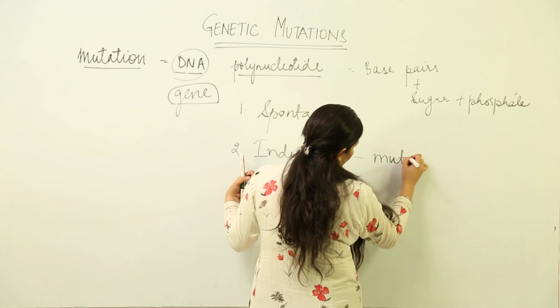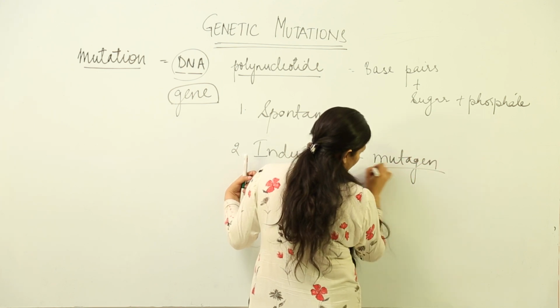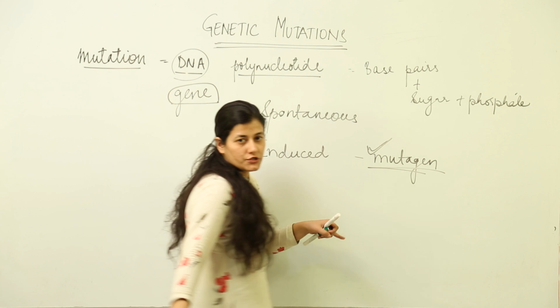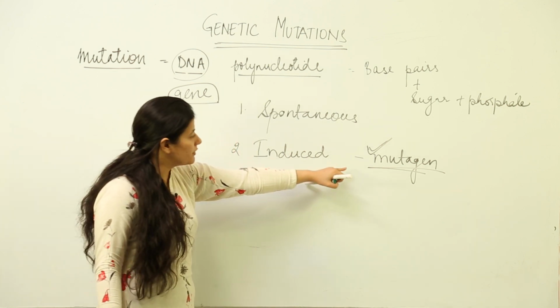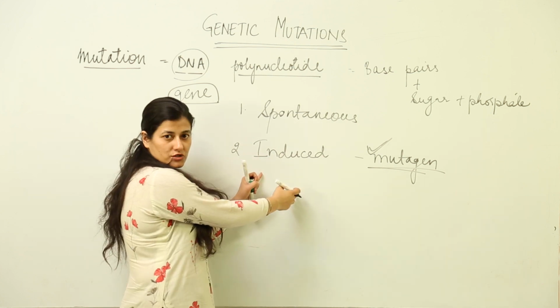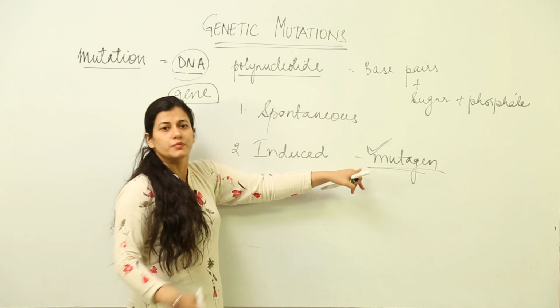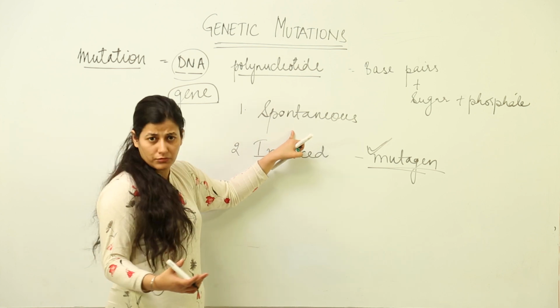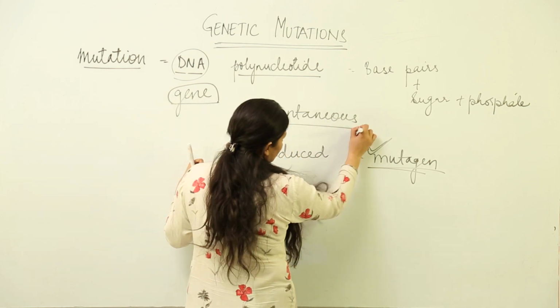Mutagen is an agent that brings about mutation. It could bring about induced mutation if you are choosing the mutagen and then bringing about the mutation, and if the mutagen is present naturally and that brings about the mutation, that is known as spontaneous.